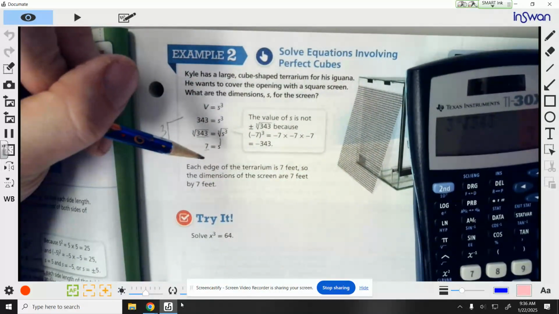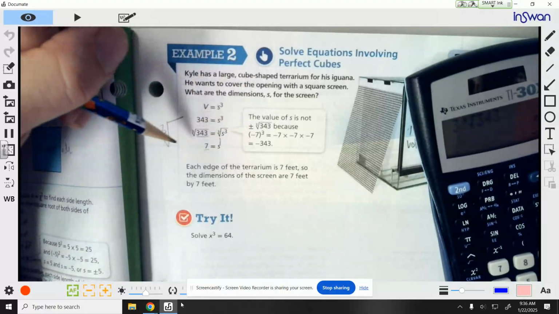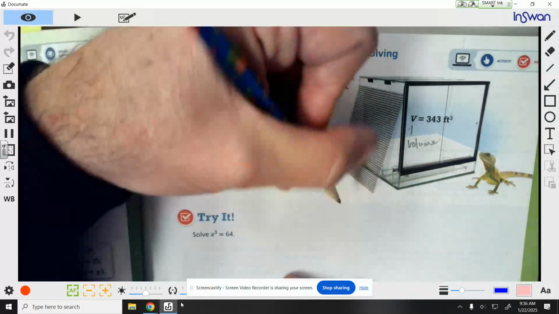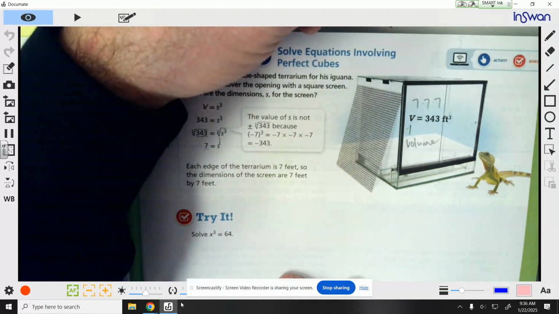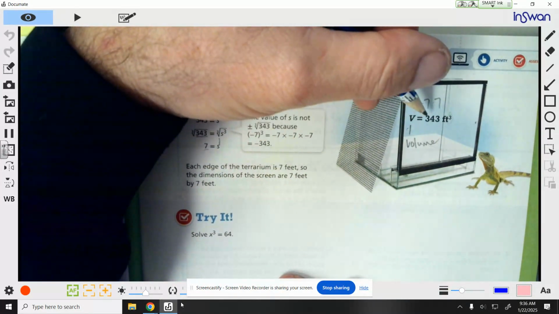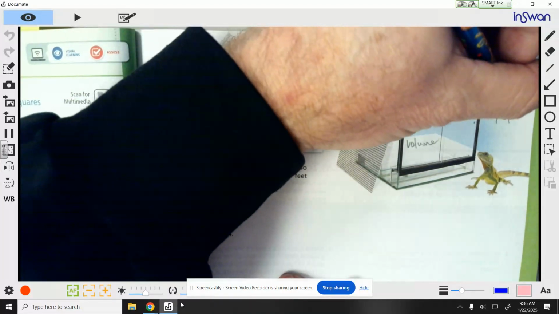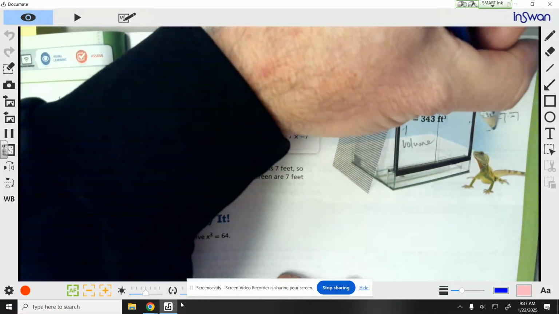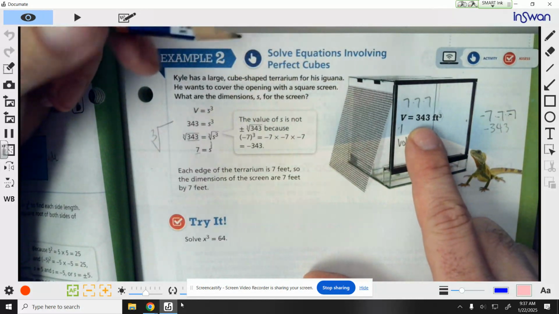Okay, now, in this case, there is not plus or minus 7 like it was over there. The reason for that is because 7 times 7 times 7 is 343. But if I did negative 7 times negative 7 times negative 7, you would get an answer of negative 343, which is not what we started with.